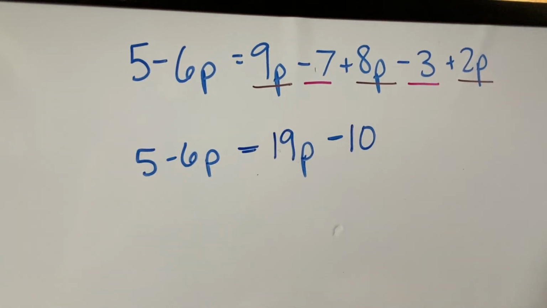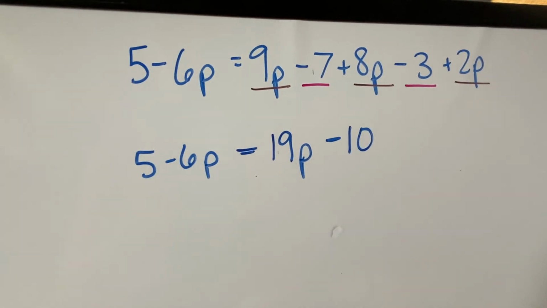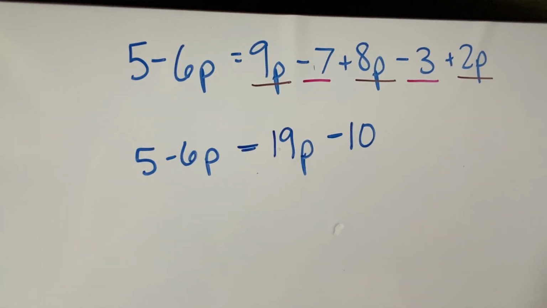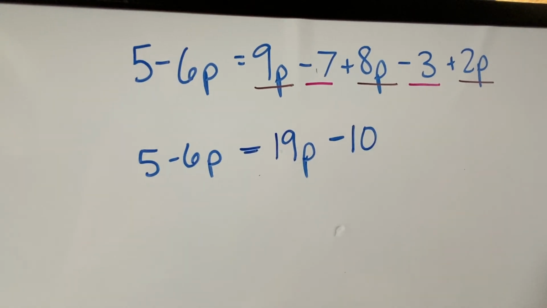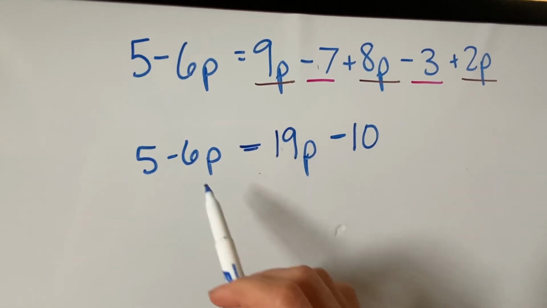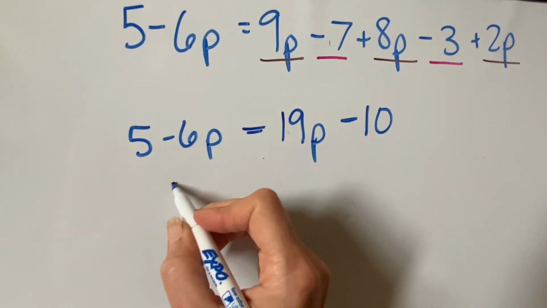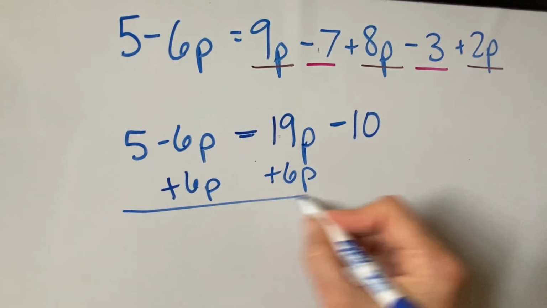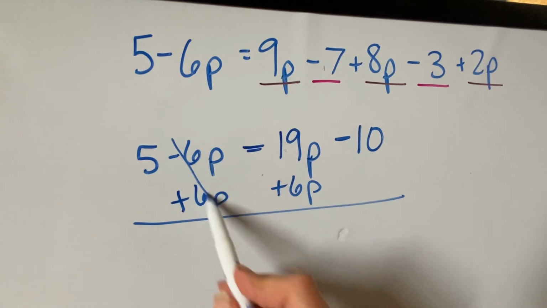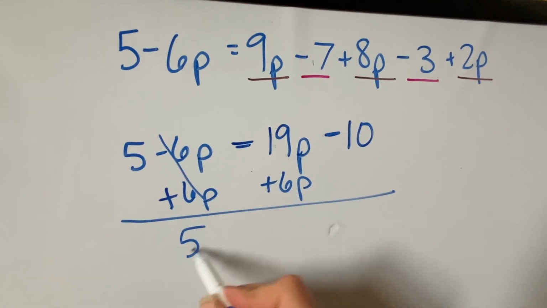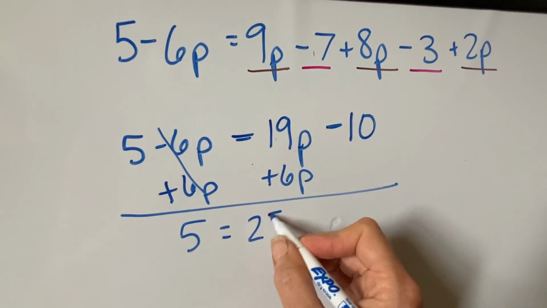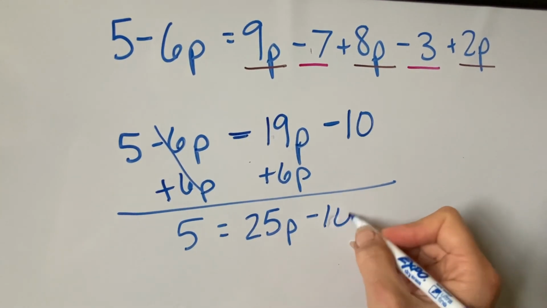Okay? Now we need our p's to be on one side and our other numbers to be on the other side. So I'm just going to move them this way so that my p isn't negative. So I'm going to add 6 here and add 6 here. Negative 6 plus 6 is 0. 0 plus 5 is 5. 19 plus 6 is 25p minus 10.